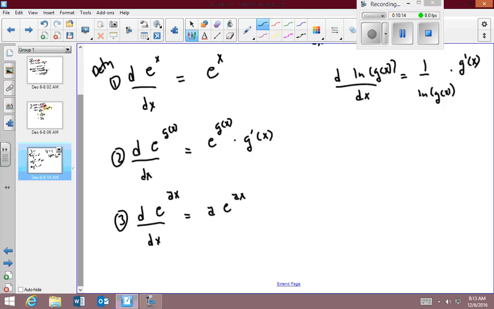You can get this right here by applying this chain rule. Okay, any questions?